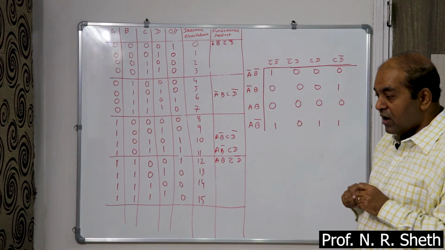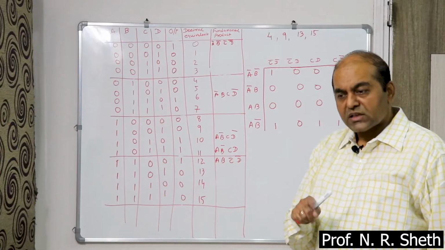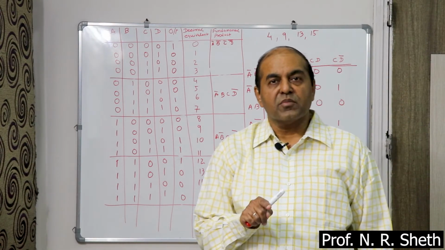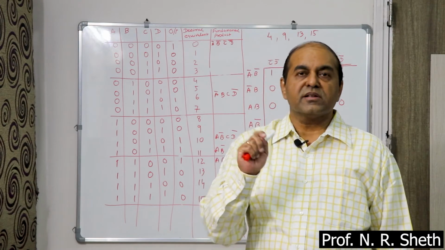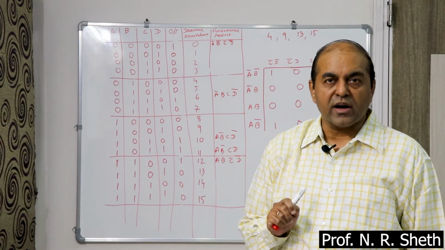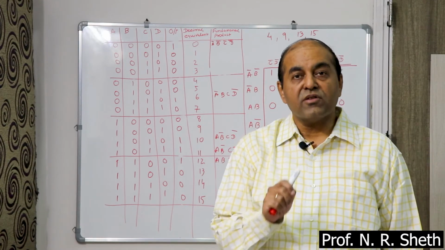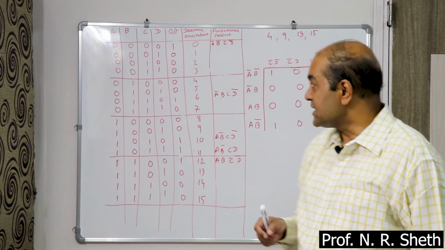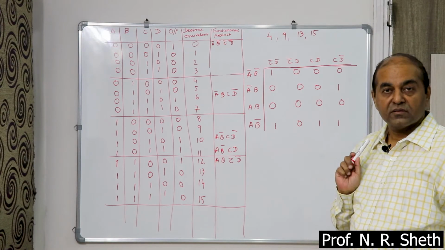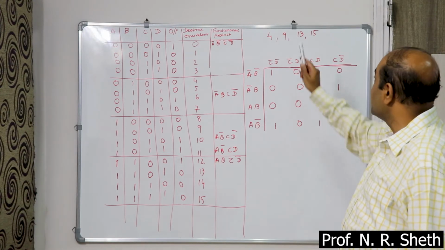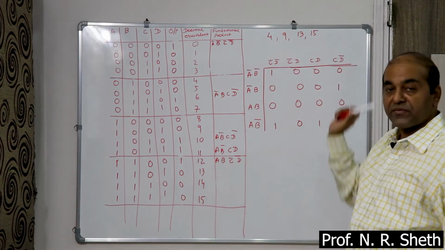Now, sometimes in exam, the question is asked in a different way. For a 4-bit digital system, output is high when the equivalent decimal inputs are 4, 9, 13 and 15. So output is high only for these 4 cases, 4, 9, 13 and 15.